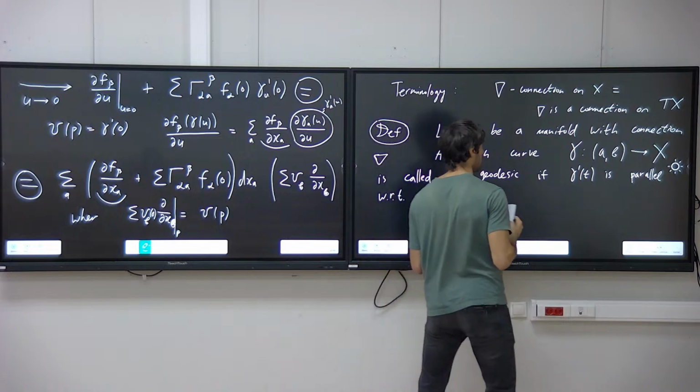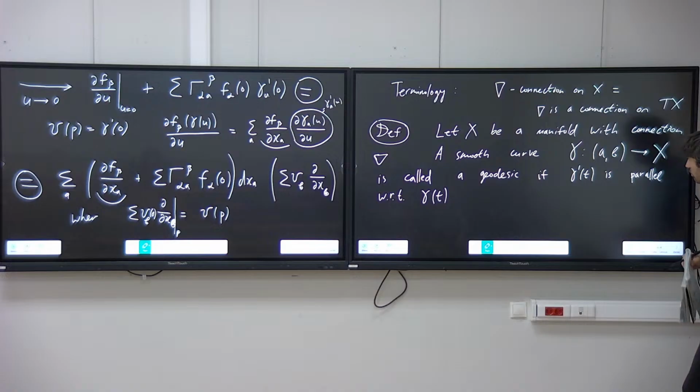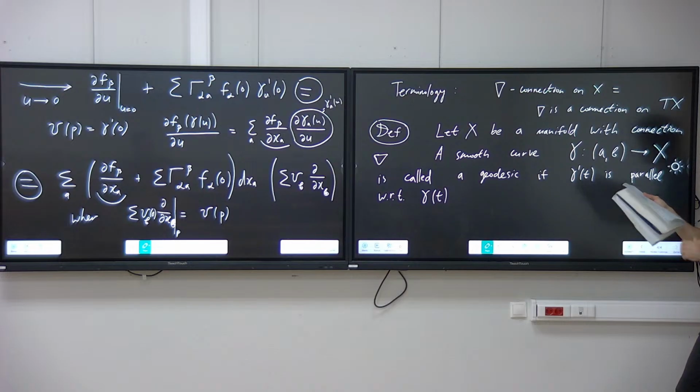For some reason it is more handy for me to go to open intervals. You'll see in the next statement why, but of course parallelism you can define not only over closed intervals but over open intervals. There's no difference, really.